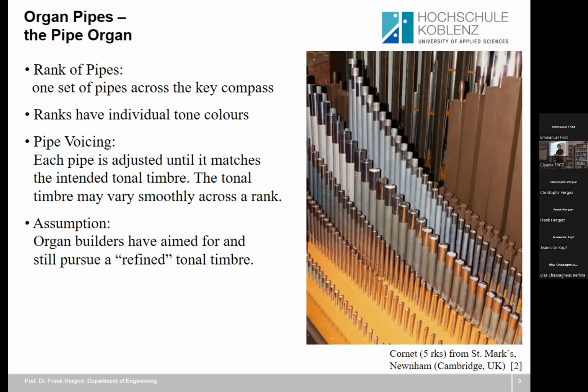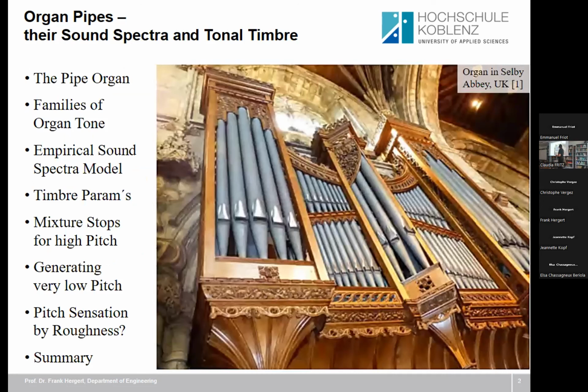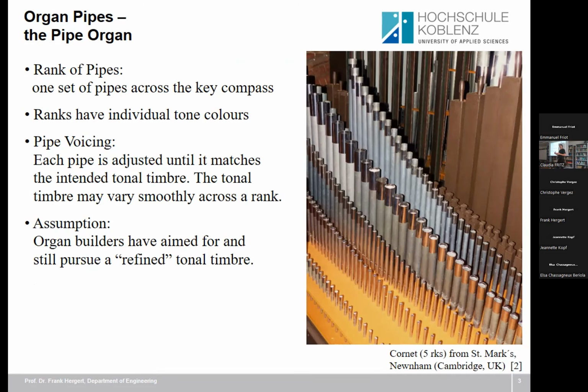And I assume throughout this talk and in all my investigations that organs were built with enormous effort. For example, see this beautiful picture, there's such an amount of work in this instrument. And I assume it's not only at the outside of the organ case, it is also done in the interior to make a beautiful sound.